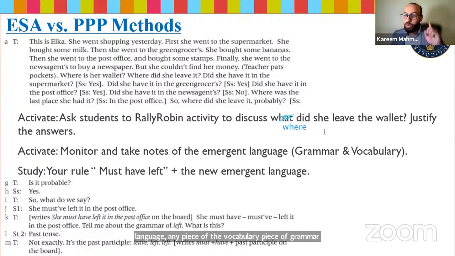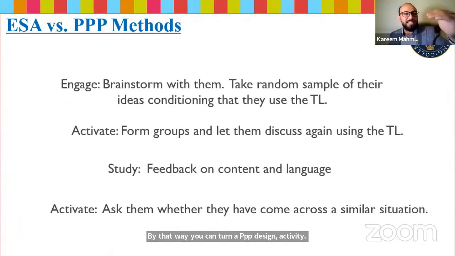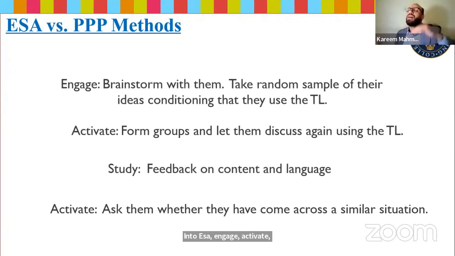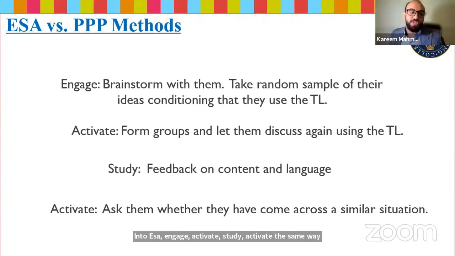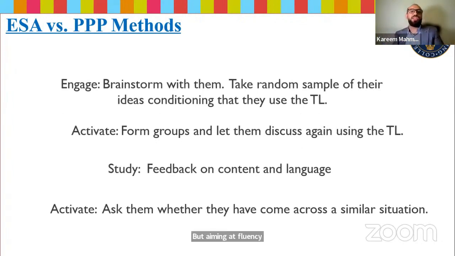So in that way, you can turn a PPP designed activity into ESA, engage, activate, study, activate, the same way as TTT, but aiming at fluency. So engage, you brainstorm with them, take a random sample of their ideas.